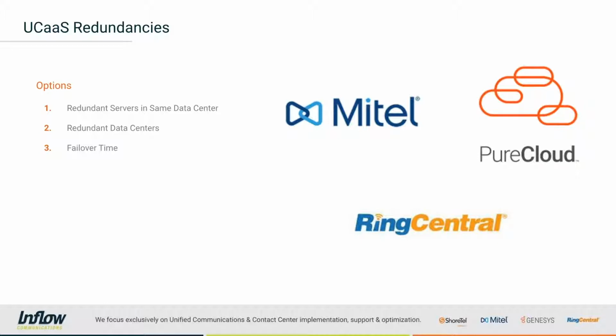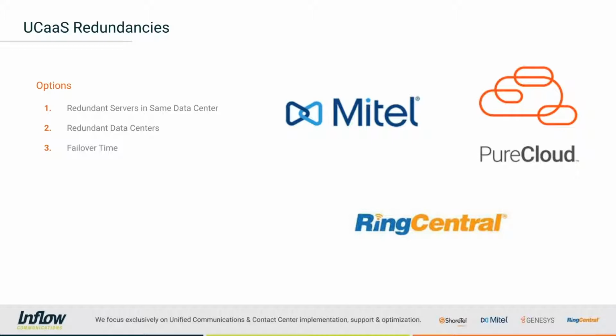Are they geographically diverse or not? It doesn't really help me to have a data center in Dallas and a backup data center in Fort Worth. If the area has a major issue, I don't want both of my data centers to be affected because they're within an hour of each other. That's what we'll talk about when we talk about redundant data centers.